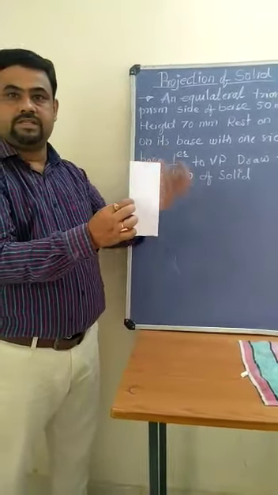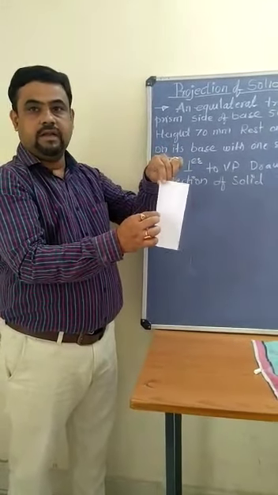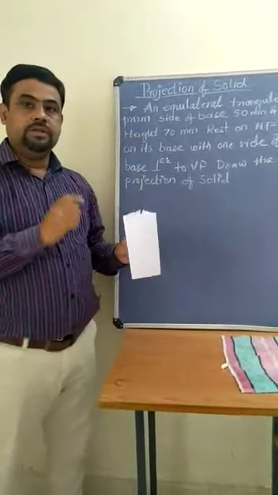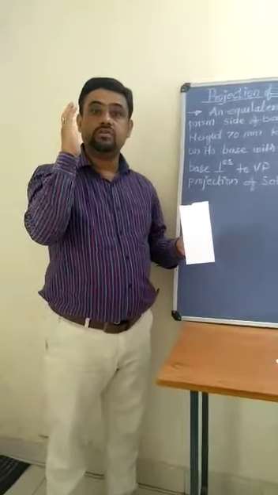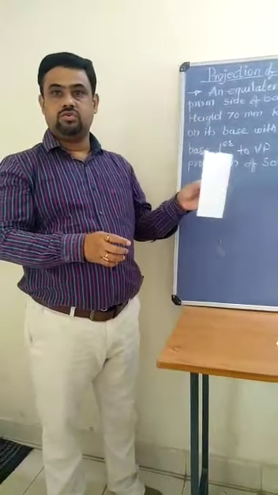Prism means two bases are there. So this is the equilateral triangular prism. After reading the problem, first you have to identify and imagine the solid, which solid it is. So this is your solid.